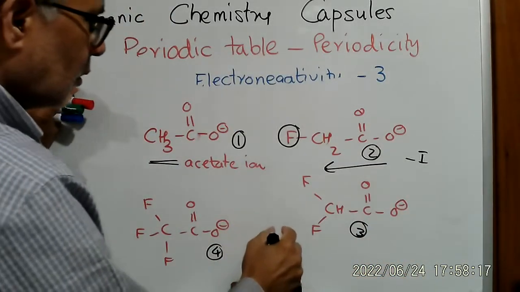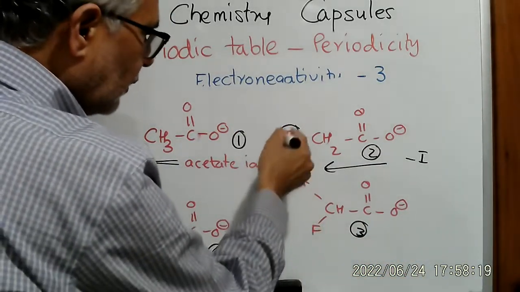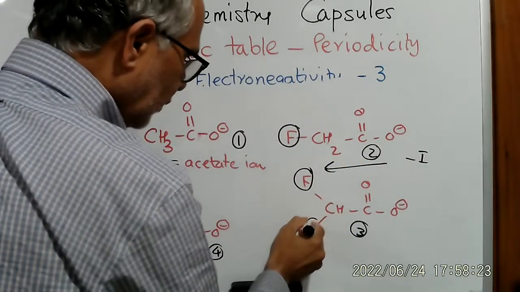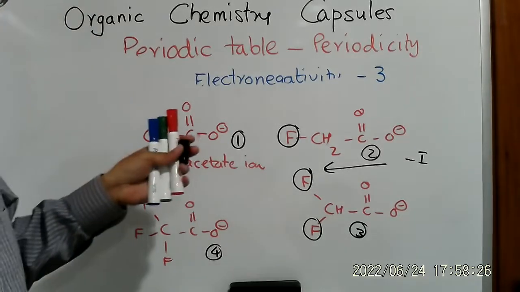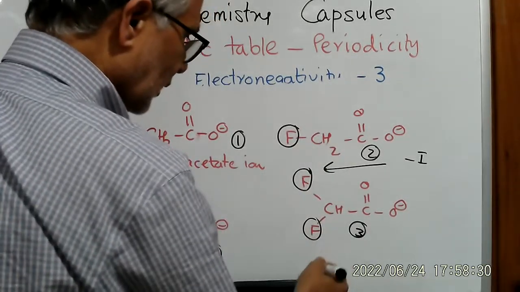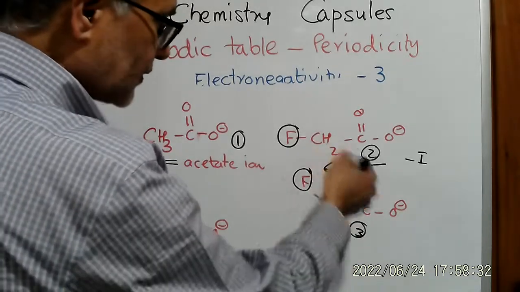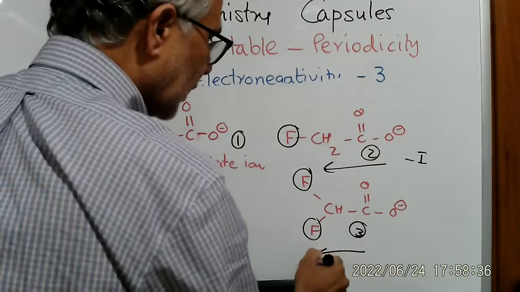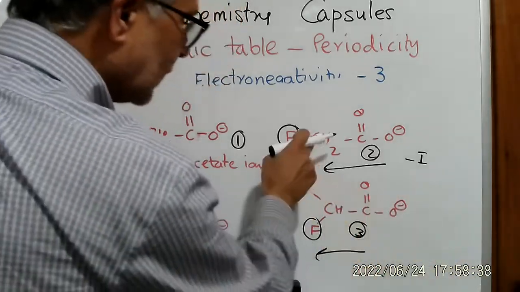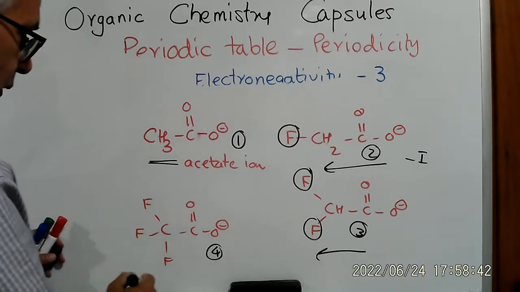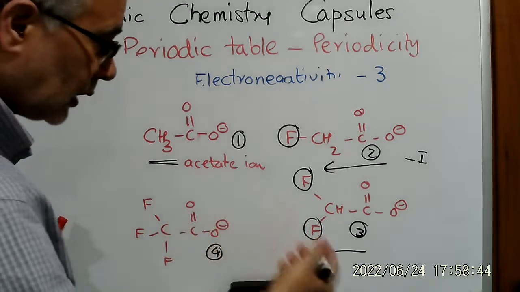Now, one fluorine atom is able to do that. In ion 3, you have 2 fluorine atoms, so 2 fluorine atoms are much more powerful than 1 fluorine atom, so there is some additive effect coming up here. 2 fluorine atoms will be able to pull the electrons away much more than a single fluorine atom, and in this ion you have 3 fluorines, so the effect is even more pronounced.